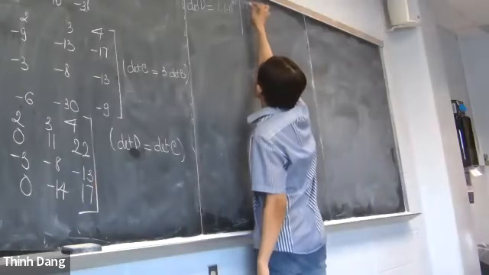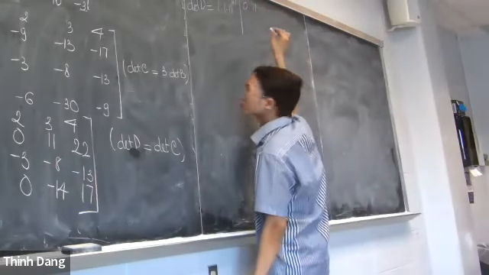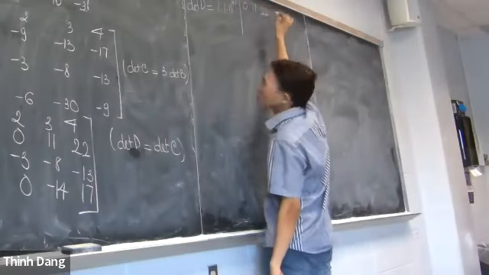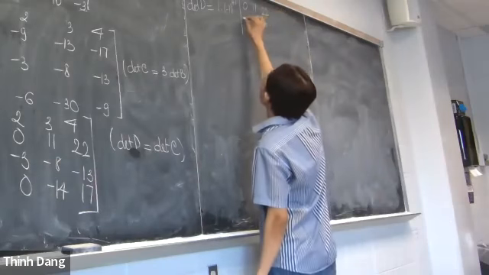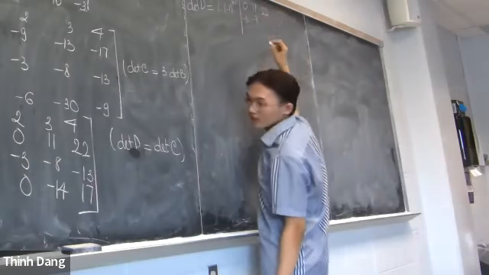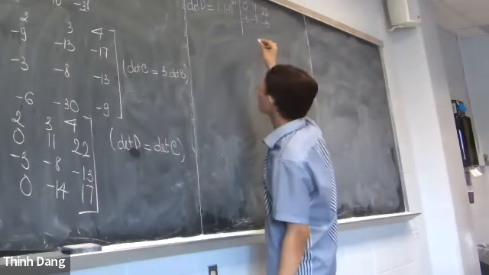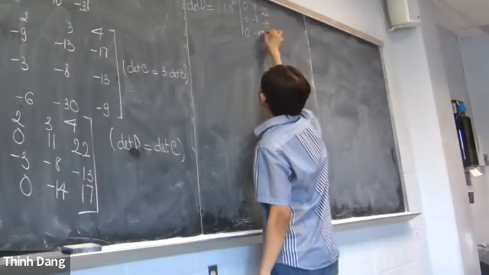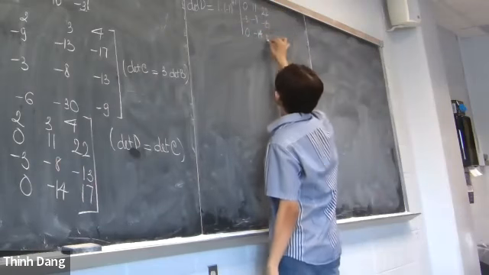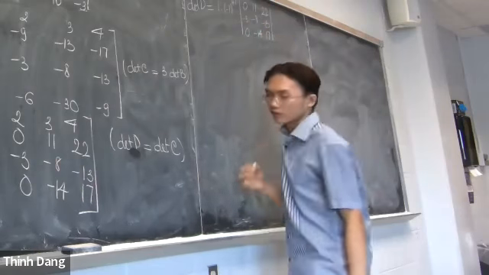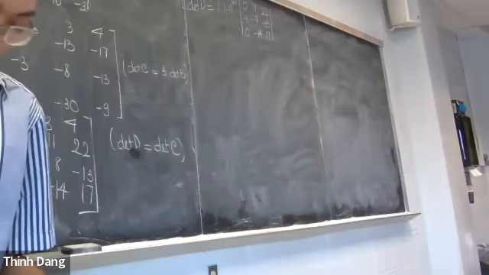The minor: 0, 11, 2, -3, -8, -20. So that's what we have.